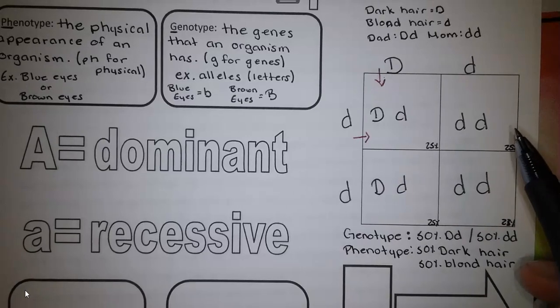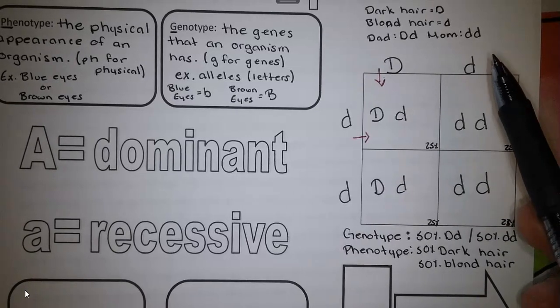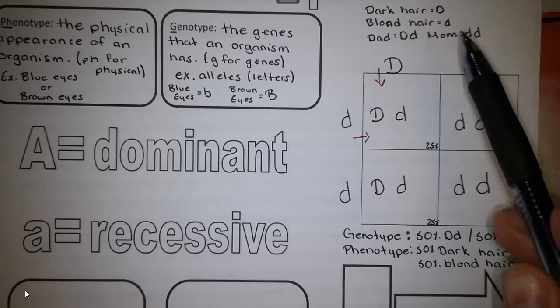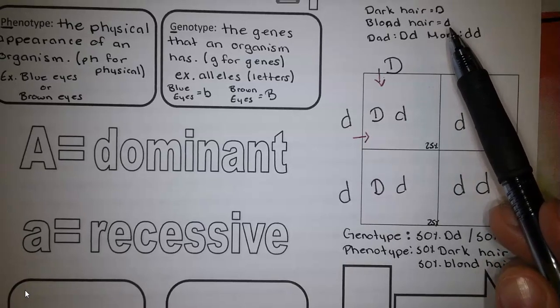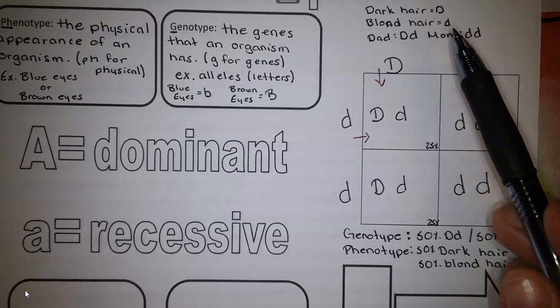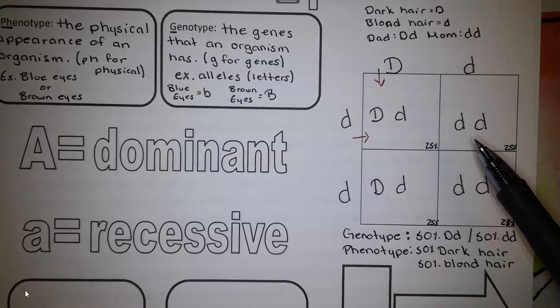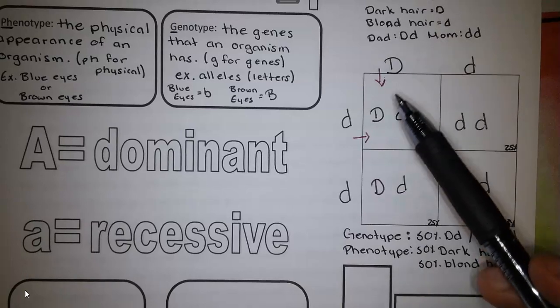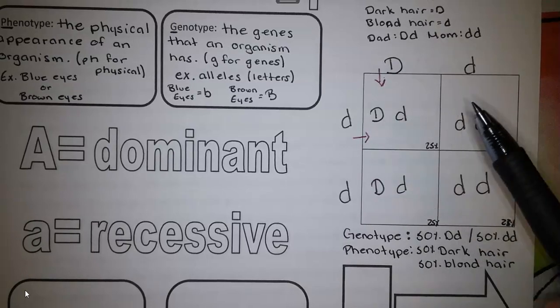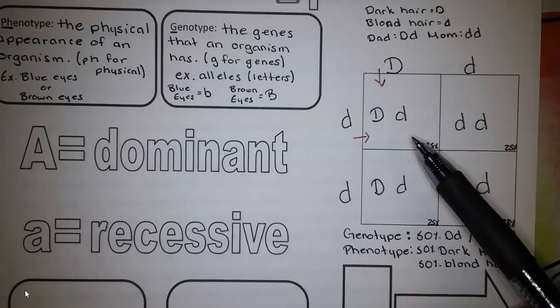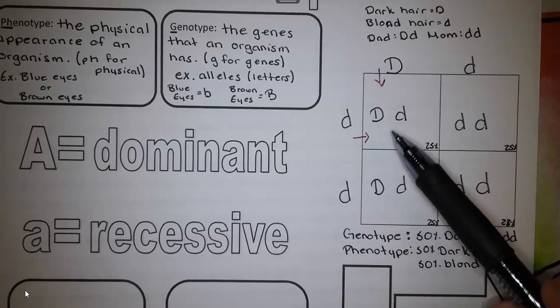Now, remember that the only way that an organism or a person can have blonde hair is if they don't have a dominant allele, right? So for blonde hair, it can only be little d, little d. But for dark hair, it can be big D, big D, or big D, little d. And in this case, it was only big D, little d.